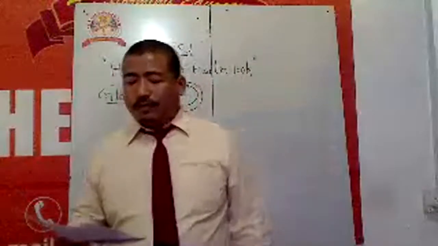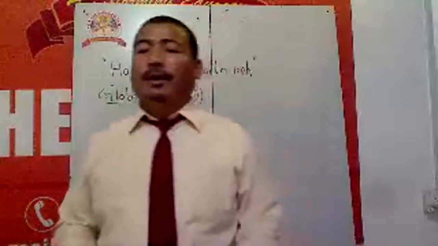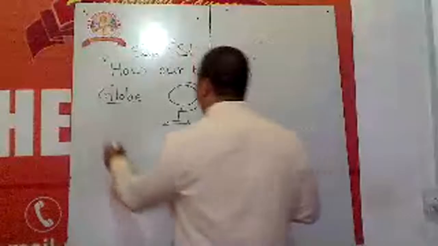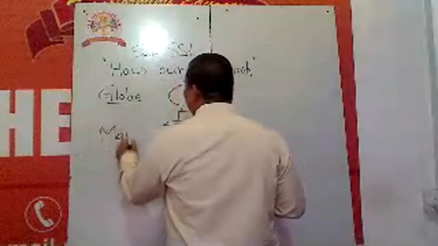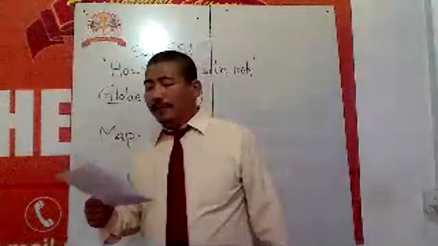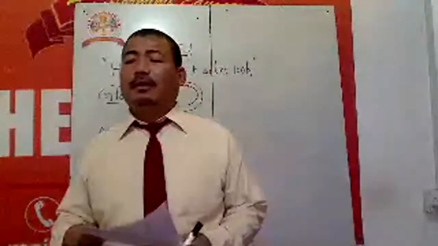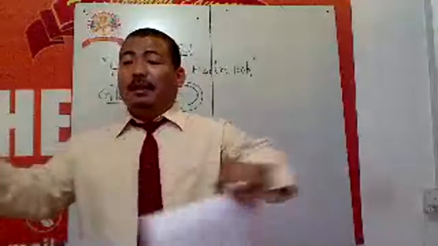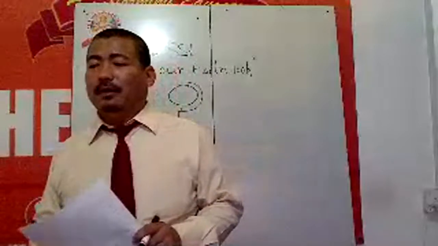But we have another way to see the parts of the earth, with the help of a map. You have seen maps. It is also a model of the earth, but it is on a flat surface, on paper.